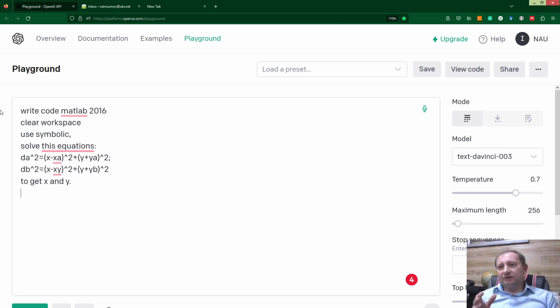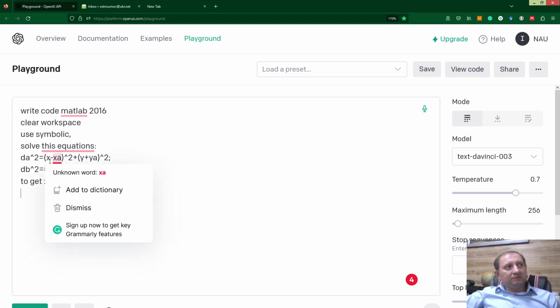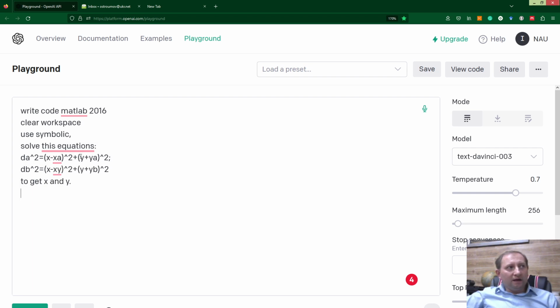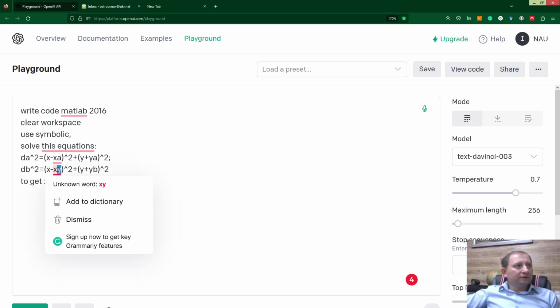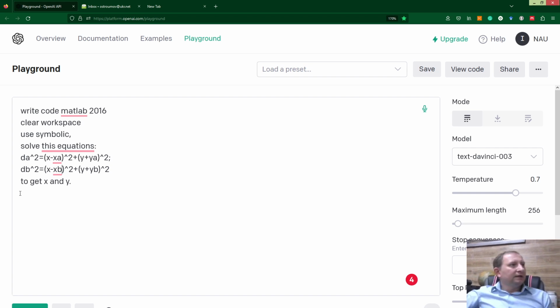After we get the analytical expression for counting x and y, you will see that in my case x and y are unknown coordinates of user location. xa and ya are coordinates of reference point A location, xb and yb are coordinates of point B location, and dA and dB are direct distances to these points.